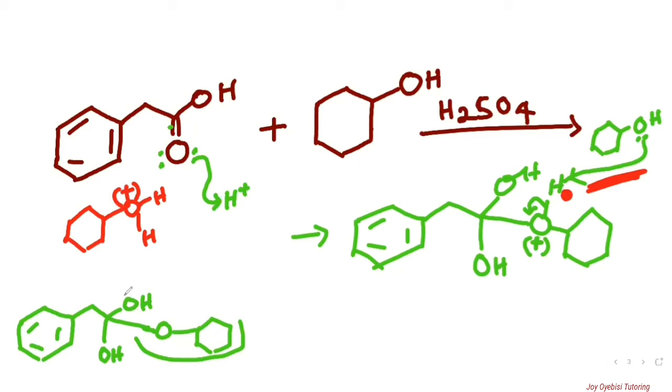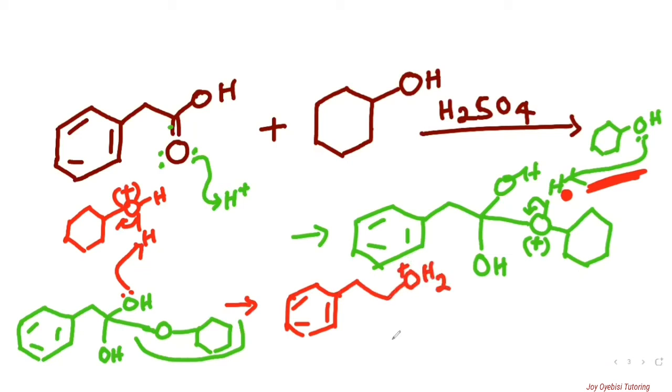It gives it back to this guy. So at this point, you have a better leaving group attached on this compound. So I have OH2 plus, which is a better leaving group than any of the species there.